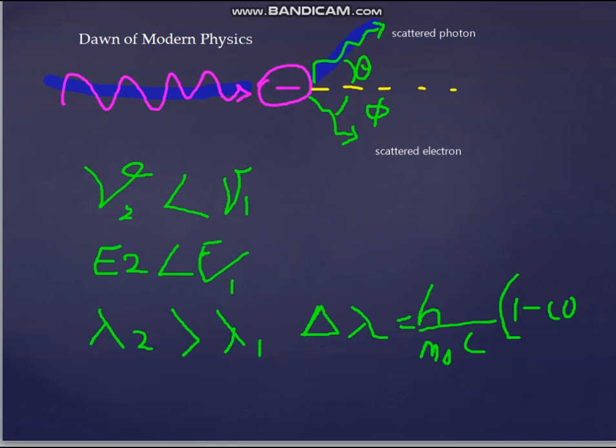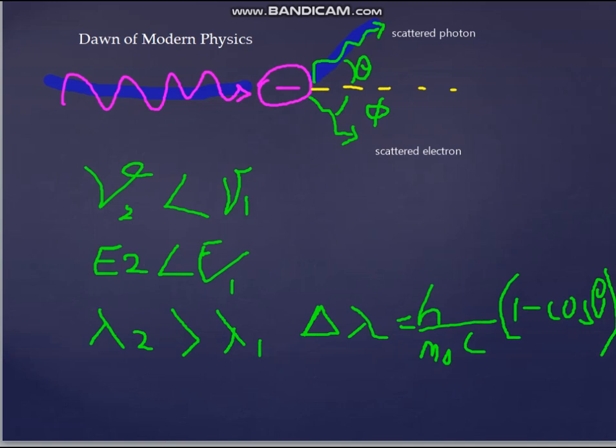As you can see in the diagram, there's a theta and there's a phi. The scattered electron has the angle phi, while the scattered photon has the angle theta. So that's how we find the Compton shift.